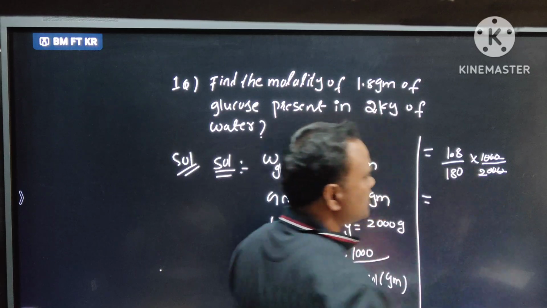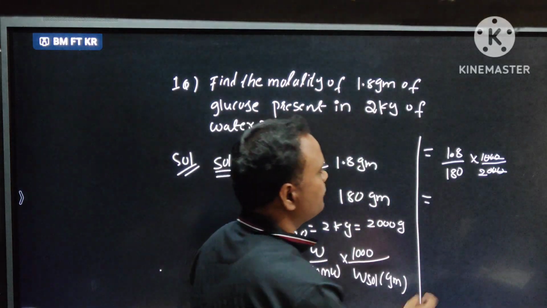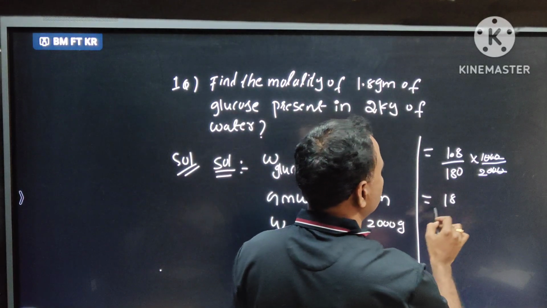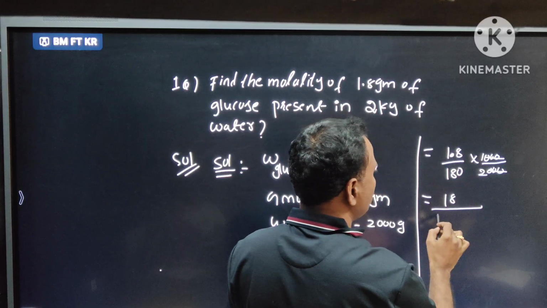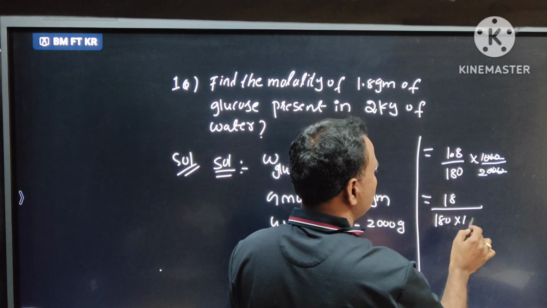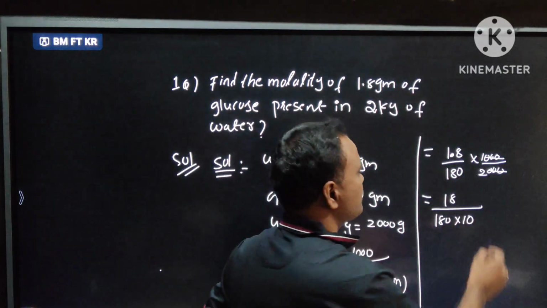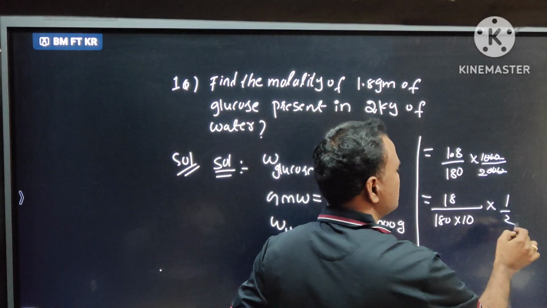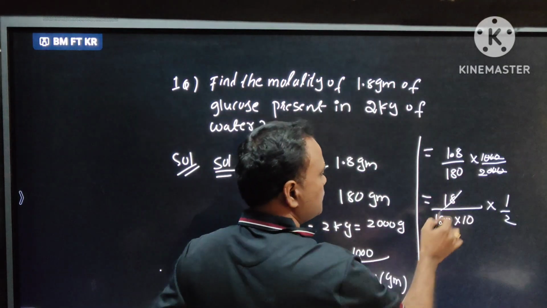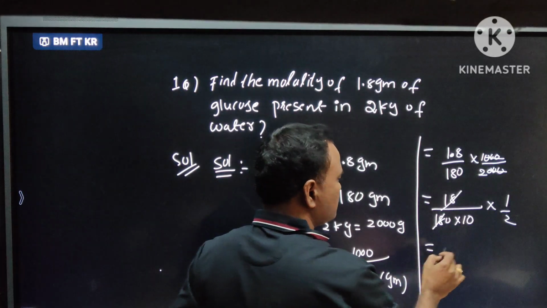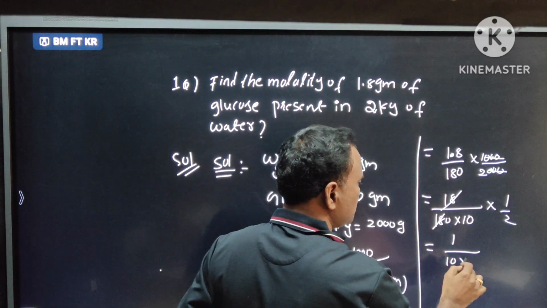Three zeros get cancelled. Remove the pointer and keep 10 after the point, since one digit is there. Here 1 by 2 is remaining.